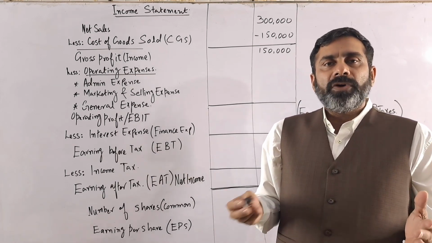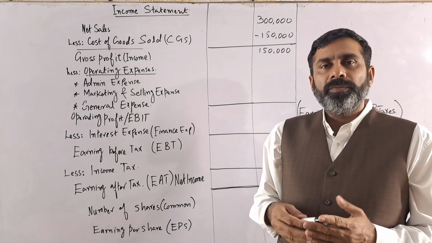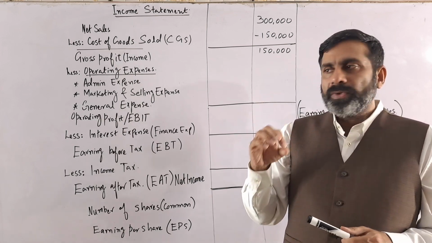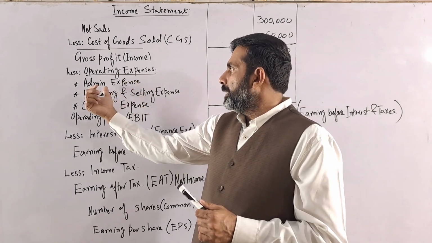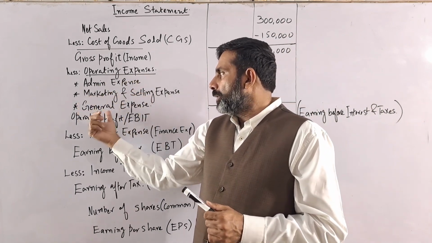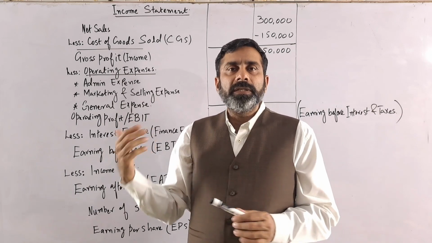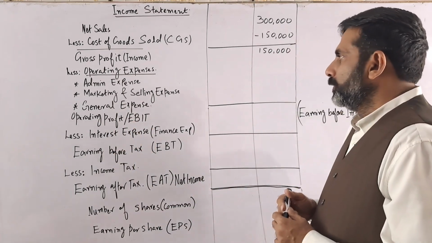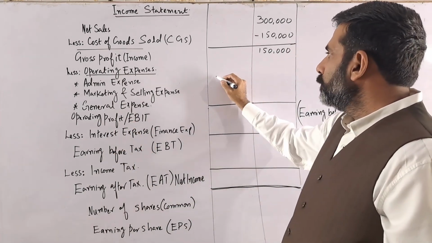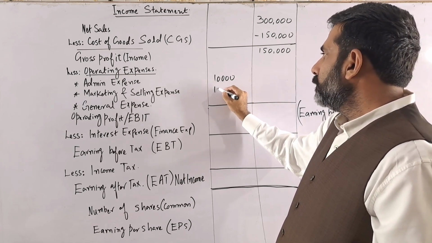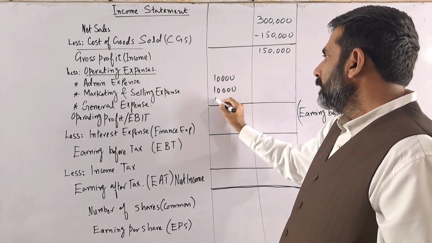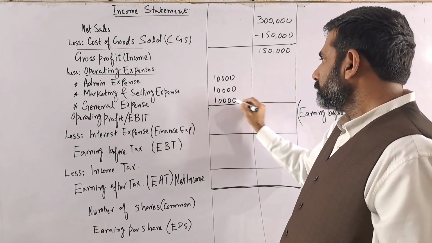Again, if there is a water bill, internet bill, telephone bill or insurance, we have to consider which category the cost is related to: admin, marketing, selling, general or distribution. Accordingly we will distribute. Here we assume, as just assumed values, that these expenses are 10,000 each.